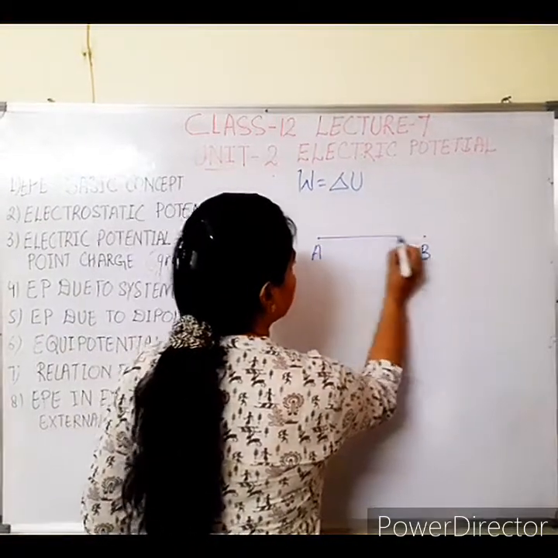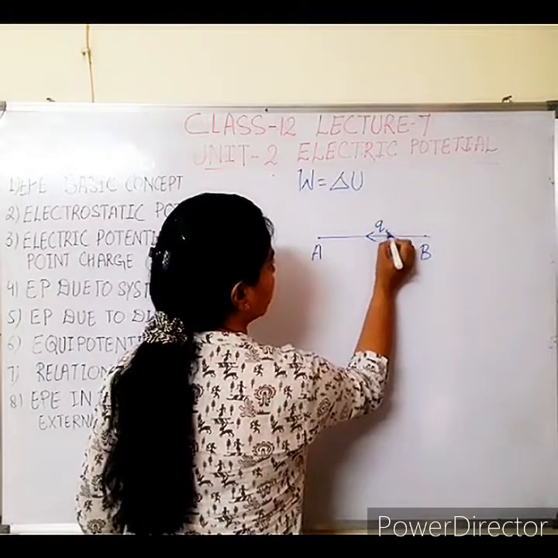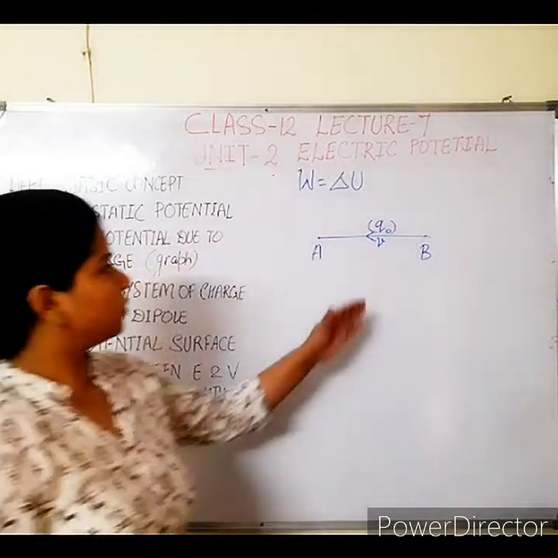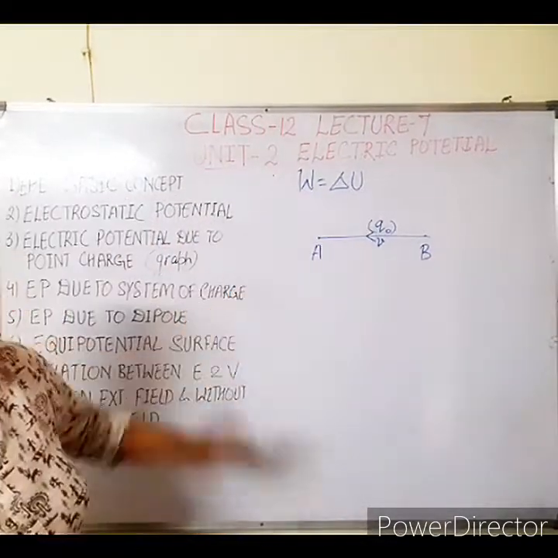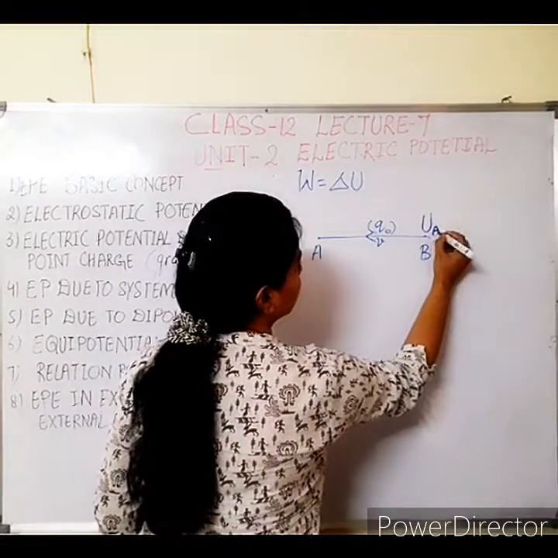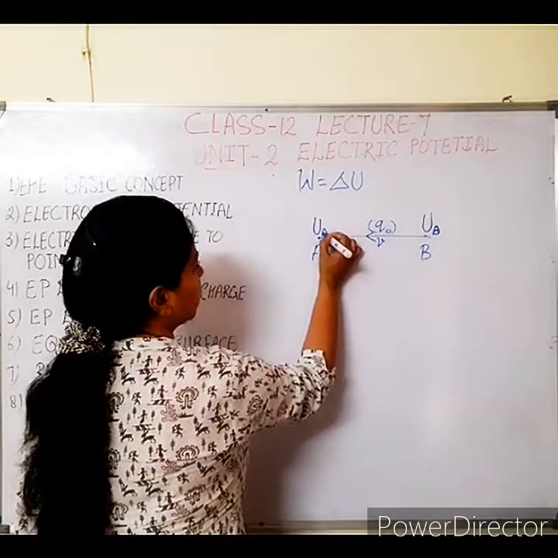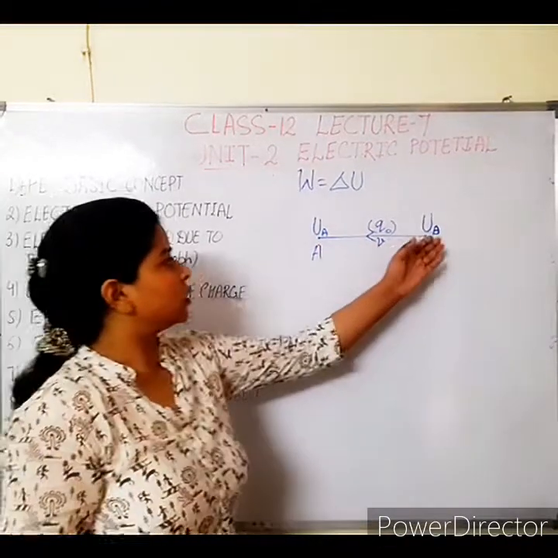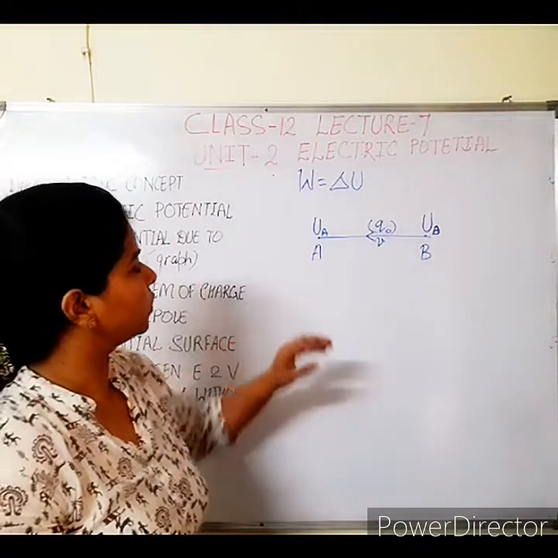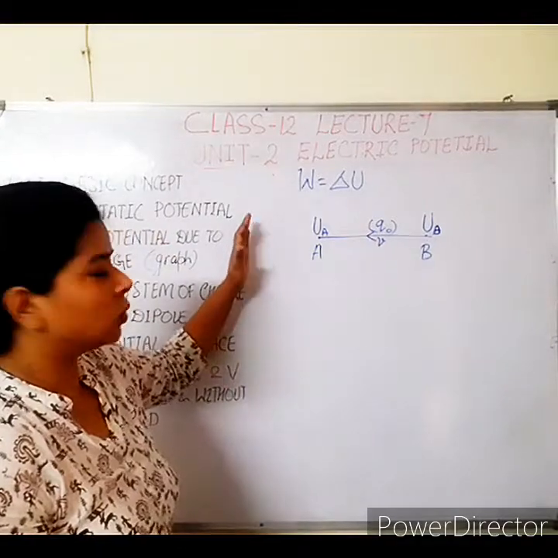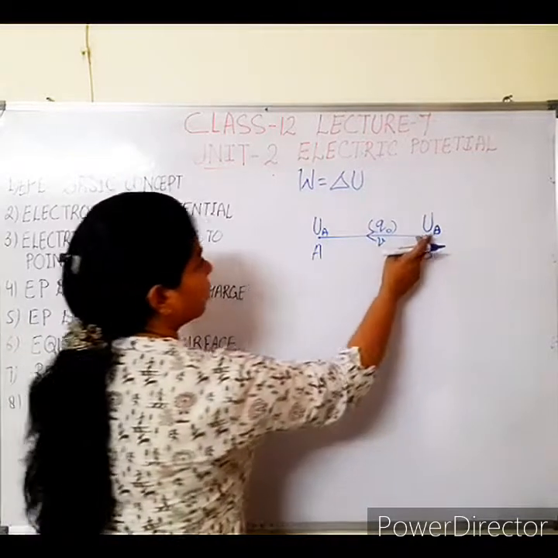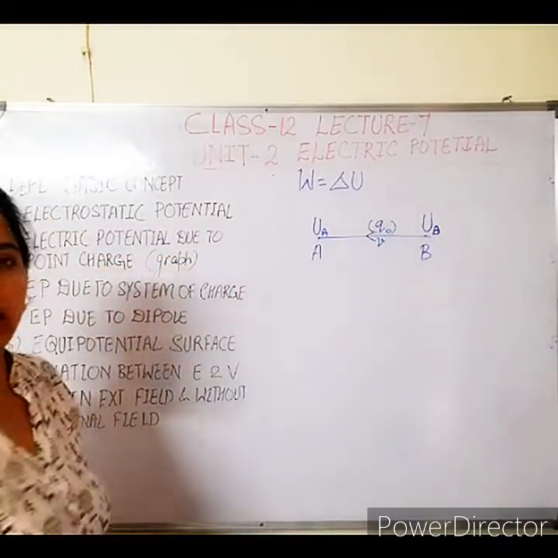Now the test charge Q naught is moving from point B to A with some speed, let it be V. The potential energy of the test charge at B is UB and at A is UA. There must be an increase in potential energy, which we will prove later on. Because it is coming closer to the source charge, it will gain energy.